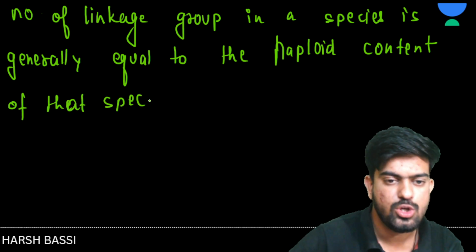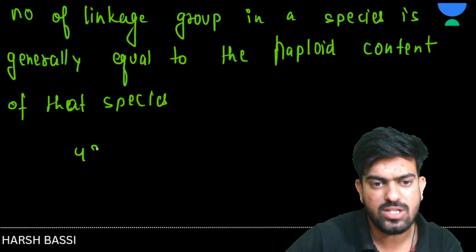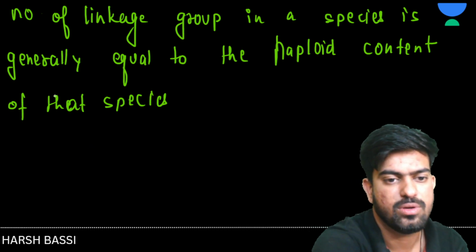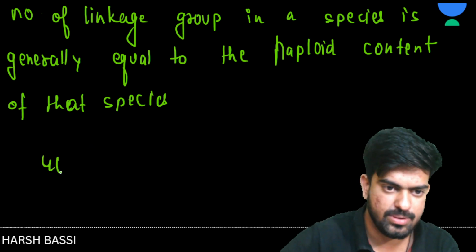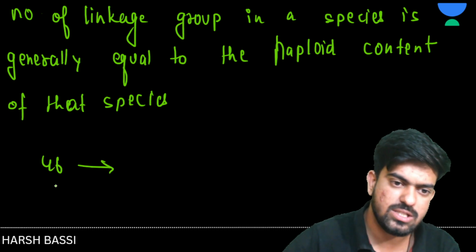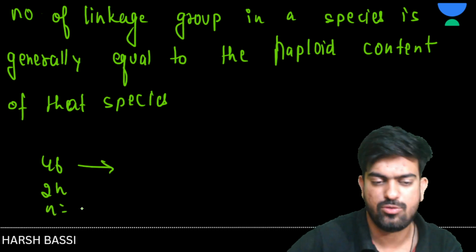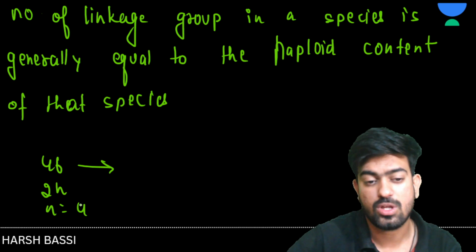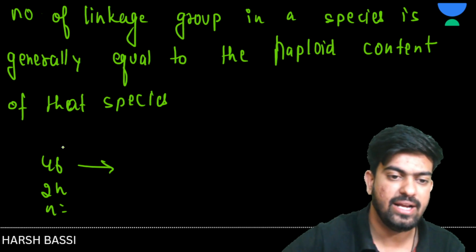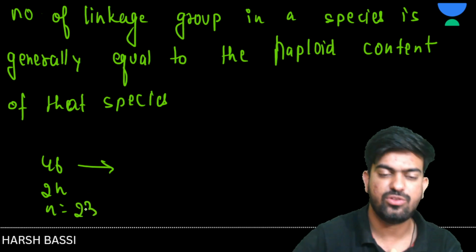So if I ask you what is the linkage group for humans, you will say, sir, this is 2n, and n is equal to 23. So we can have 23 linkage groups.